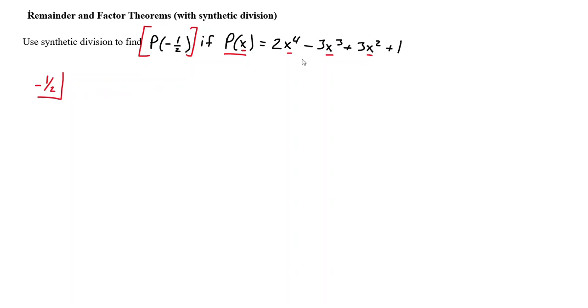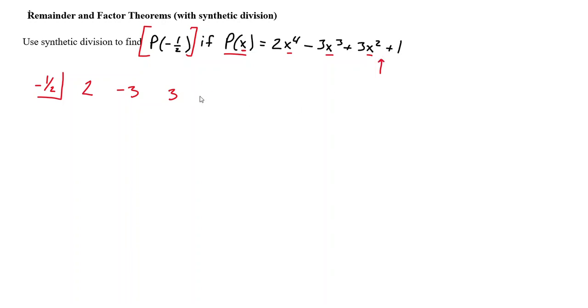So we take all the coefficients of x's, starting with x to the fourth power. The coefficient is 2. X to the third power, the coefficient is -3. X to the second power is +3. And then x to the first power, and notice there is no x to the first power here. It's missing. We skipped it.